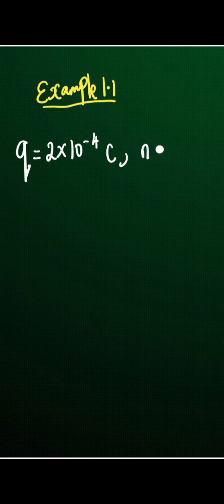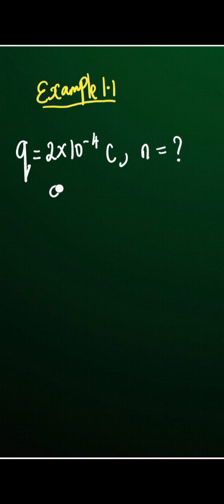In this case, remember the symbol for charge is Q, right? It is 2 times 10 raised to the power minus 4 coulomb. And what you are asked is to determine the charge quantum number.